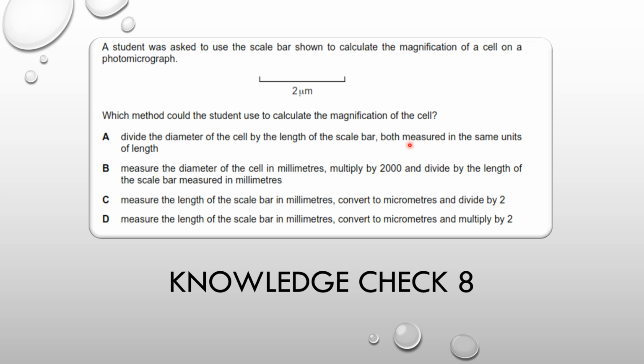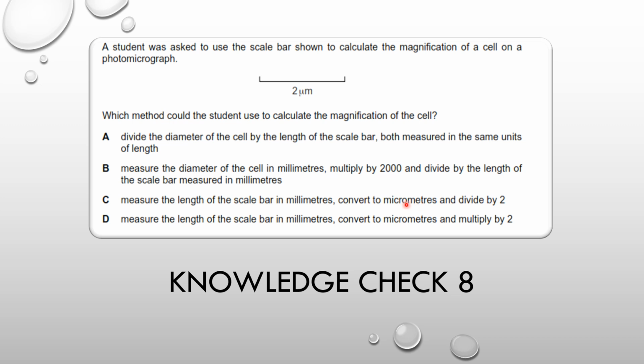Both measure the same unit? Nope. Measure the diameter of the cell in millimeters, multiply by 2,000, and divide by, nope. So what do you do? Measure the length of the scale bar in millimeters. Just put your ruler here and measure in millimeters, and then convert to micrometers.